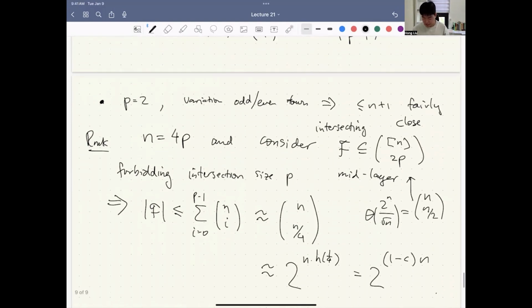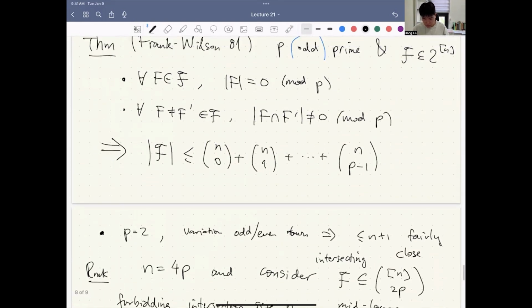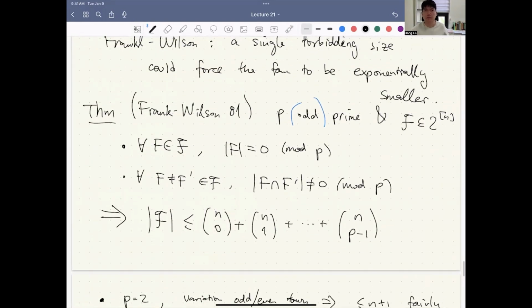So how do we prove this theorem? Any question about the statement? Okay, if there's no question, I will move on to the proof.